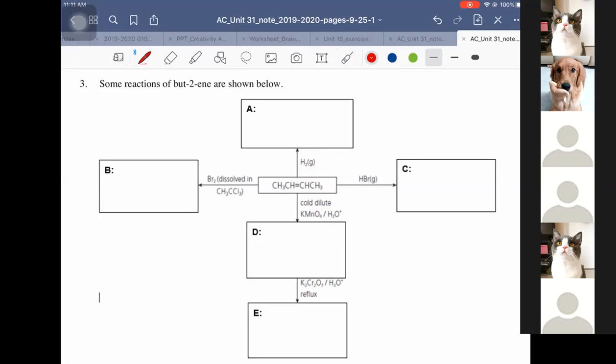After electrophilic addition, we will get this molecule. The hydrogen would just be added onto both sides of the double bond, so you will get this molecule. It will undergo an electrophilic addition reaction.